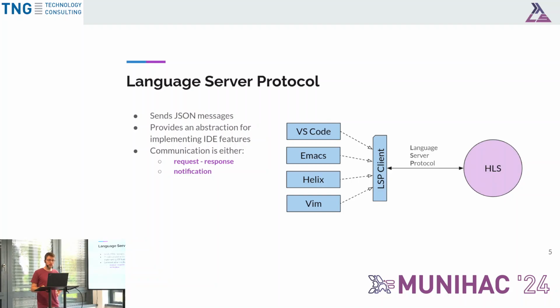For the rest of this talk, we're seeing here that while we have one language server, we may have many different code editors, such as VS Code, Emacs, and so on. And for the rest of this talk, I'm going to uniformly refer to any code editor as VS Code. There's no reason for that other than it's much more concrete than saying LSP client, which would be a much more generic term.